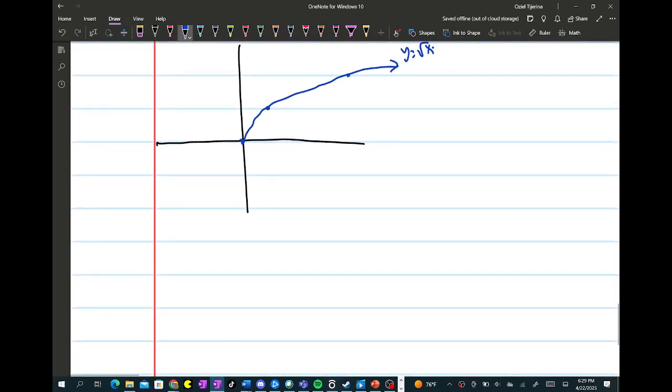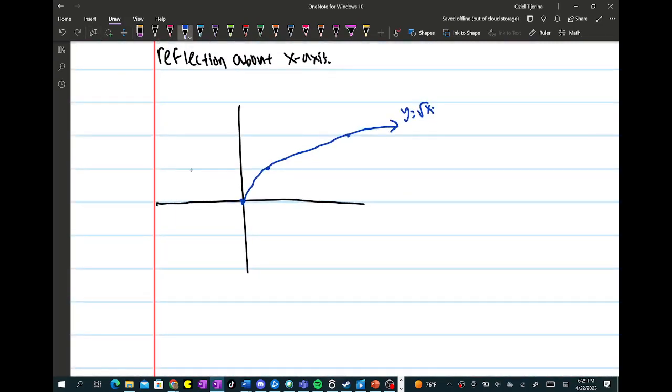So this is again my line of reflection. This is the x-axis here. When I reflect that, it's going to mirror this side over here. I'm going to have another curve that mirrors these points, so they're equidistant from each other. This is the same distance as this, right? They're the same distance from the line of reflection.